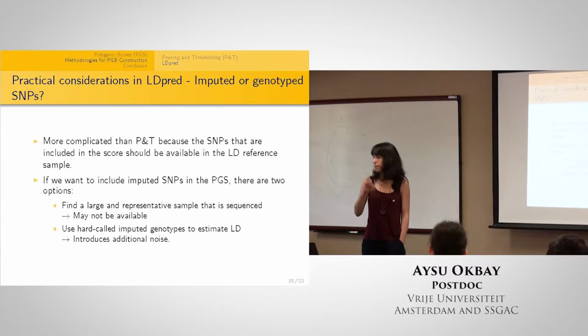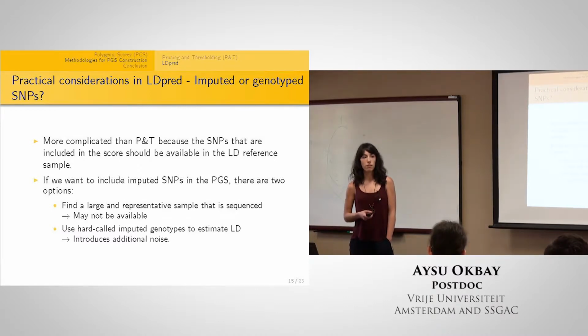Can you explain what those terms mean? Hard-coded versus dosage? Yes. A hard-coded genotype is basically this: you have the dosage data, the genotype probabilities after you impute your data. So certain probabilities are assigned to, for example, the AA genotype, and the AB genotype gets something else.